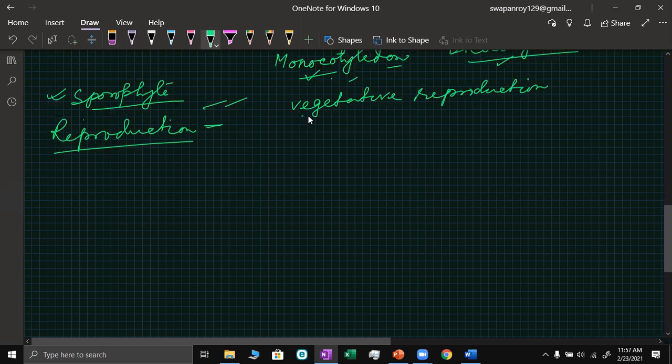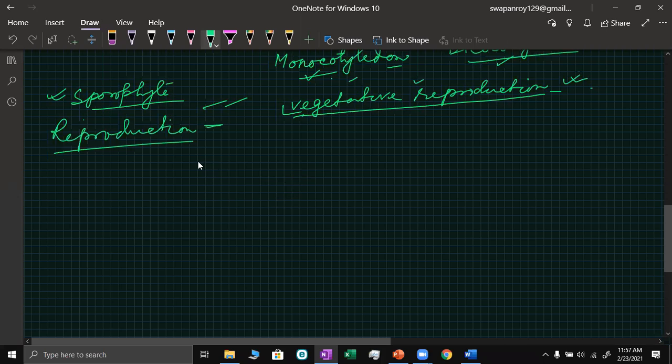This is also one of the causes that angiosperm plants are surviving. In many plants we can see vegetative reproduction. In gymnosperm, vegetative reproduction is almost nil. Very few plants, with a lot of care, show vegetative reproduction. They have sexual reproduction only.